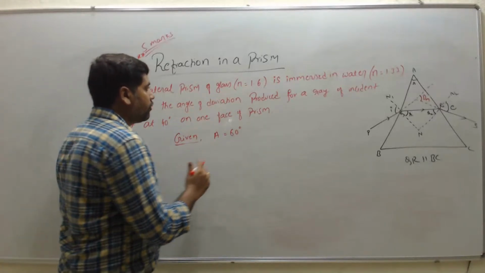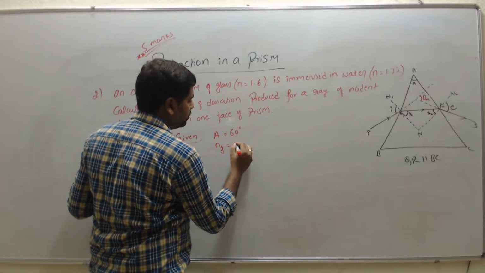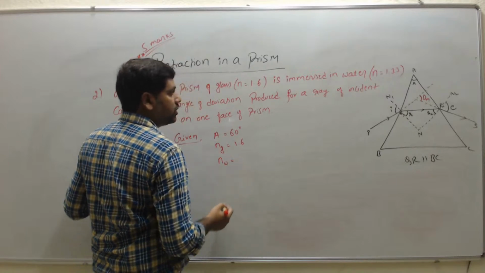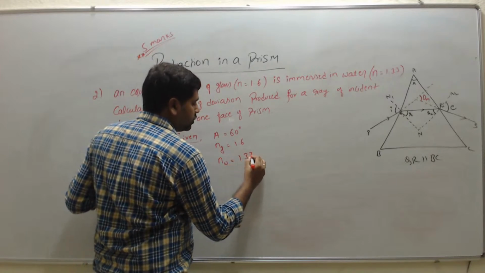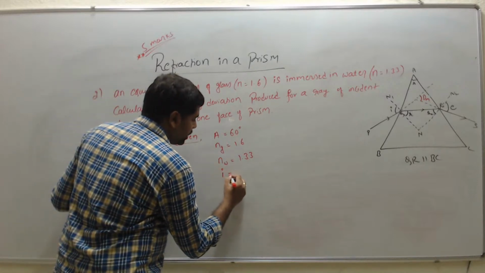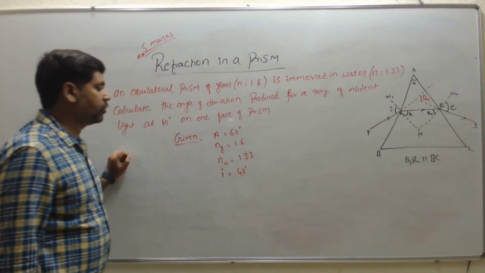The given refractive index of glass, Ng, is equal to 1.6, and the refractive index of water, Nw, is 1.33, and the angle of incidence I is equal to 40 degrees.